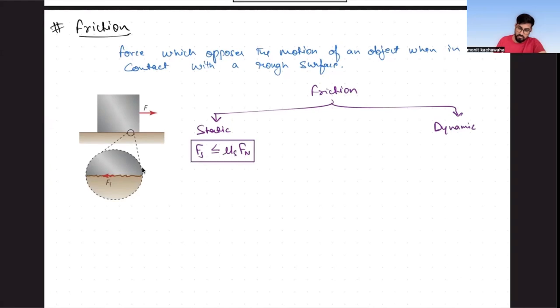What does that inequality sign state? We will discuss that. And Fd, do not take D as the drag force. Here I'm stating the friction dynamic as mu d times Fn.